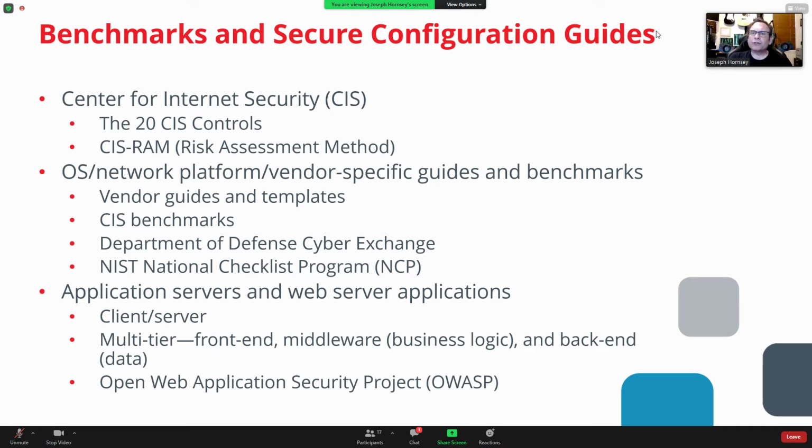You also want to make sure you understand the kinds of applications you have on the network. A lot of applications are going to be client server apps, meaning that you have a client, something that's running on a desktop operating system or something like that. And then you have the server, and that is the part of the application that resides on a server and is giving access to data and that sort of thing.